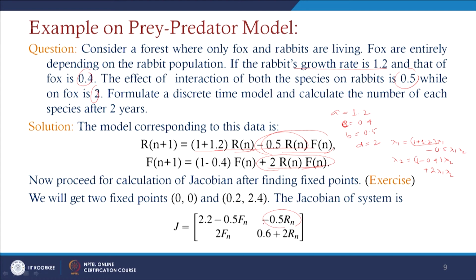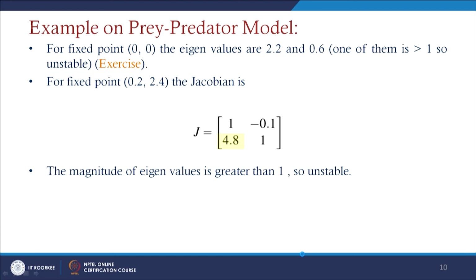Similarly, differentiating the second equation with respect to Rn gives 2Fn, and with respect to Fn gives 0.6 plus 2 Rn. For the fixed point 0, 0, the eigenvalues are 2.2 and 0.6.